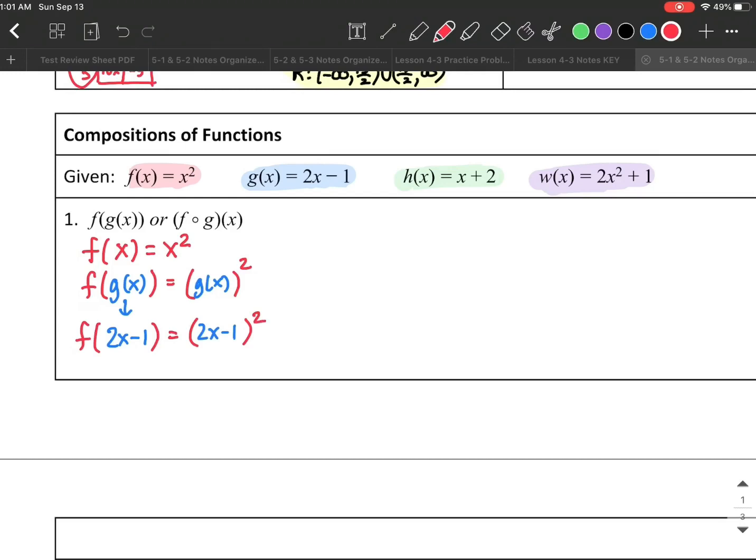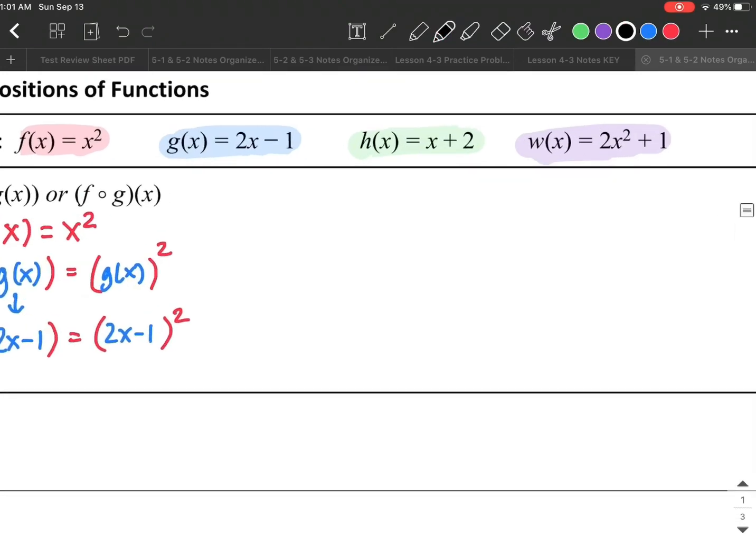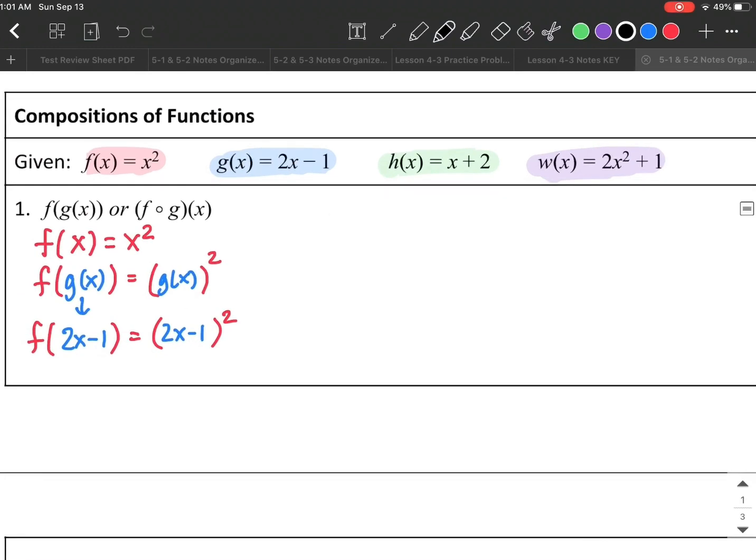And when I do that, what I like to use, again, is that area square. And I like to put my two expressions. So in this case, I have 2x minus 1 and 2x minus 1 multiplied together. And that gives me 4x squared. In the first box, negative 1 times 2x is negative 2x. I have 2x times negative 1 is negative 2x. And negative 1 times negative 1 is 1.